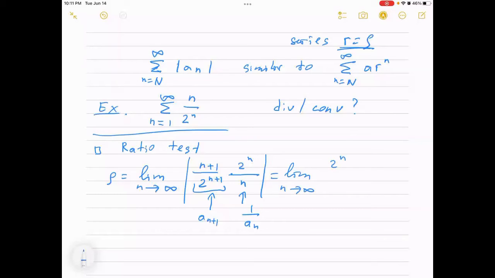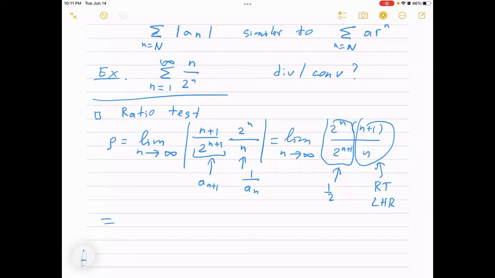So we're going to get 2 to the n times n plus 1 divided by 2 to the n plus 1 times n. These two guys will be reduced into 1/2. To work with these two guys, you can use either the rule of thumb or L'Hopital's rule.